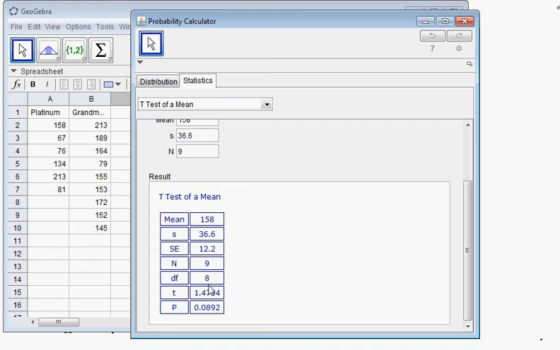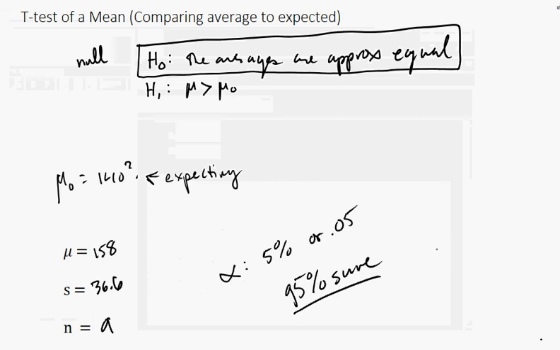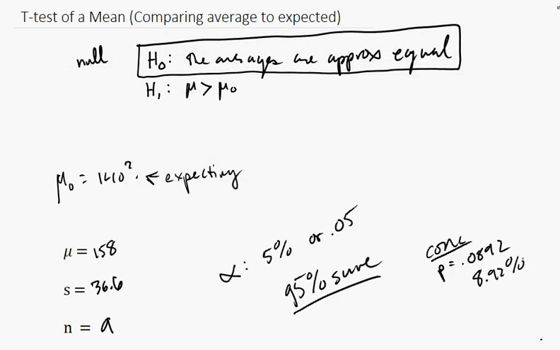Now, this is just stuff that we'd figure out if we were doing a full stats class. This is the key. P equals 0.0892. As a percent, that's 8.92%. Now, that means that we are actually outside of the 5%.